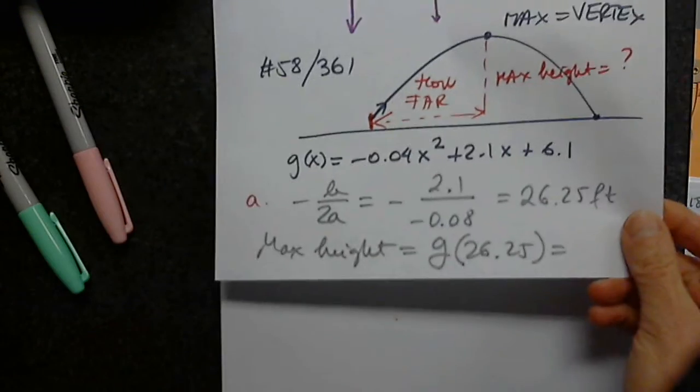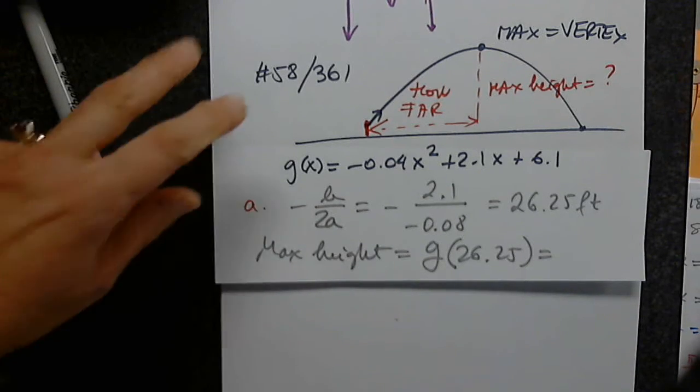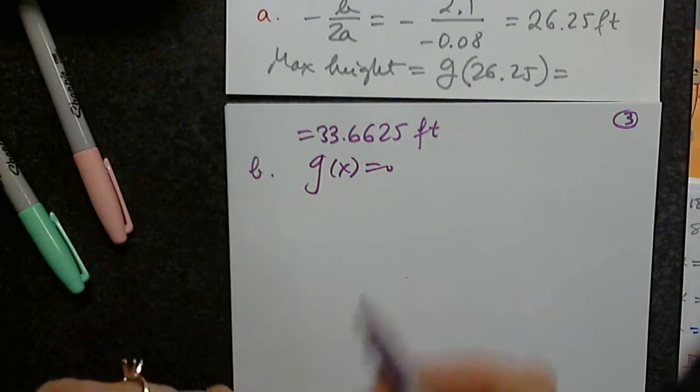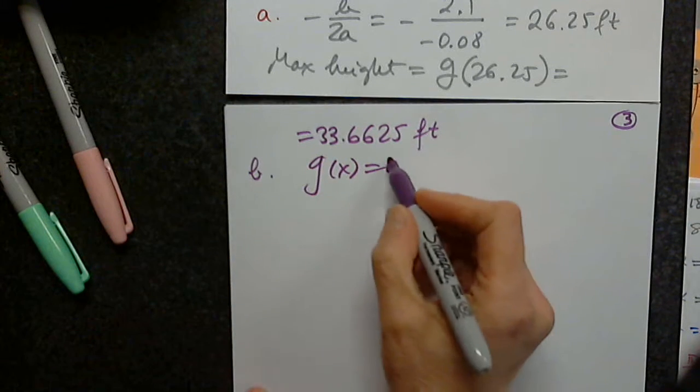Look at the graph and tell me what that means. I need to determine where it's, when g of x is 0, perfect. The x-intercepts, very good. Because once it hits the ground, the height is 0. Very good, thank you, Tim.